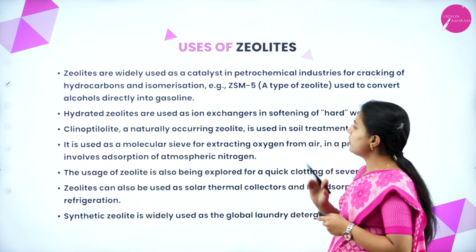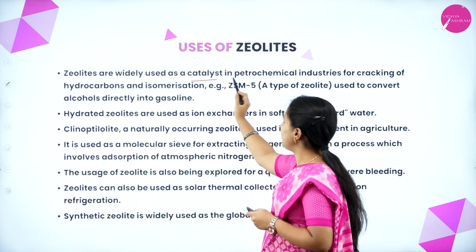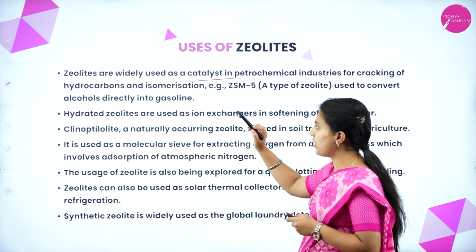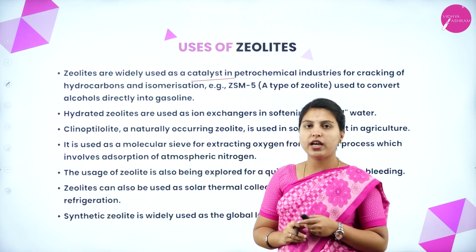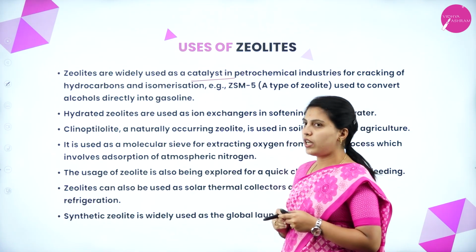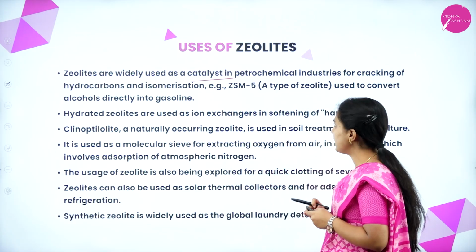Aluminosilicate. Uses of zeolites. Zeolites are widely used as catalysts in the petrochemical industries for cracking hydrocarbons and isomerization. For isomerization and cracking of hydrocarbons, zeolites are much used as a catalyst.